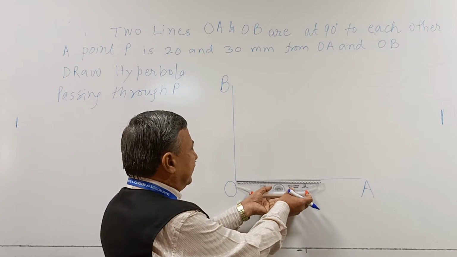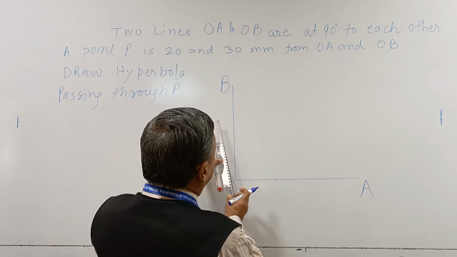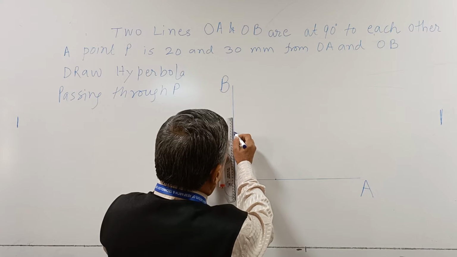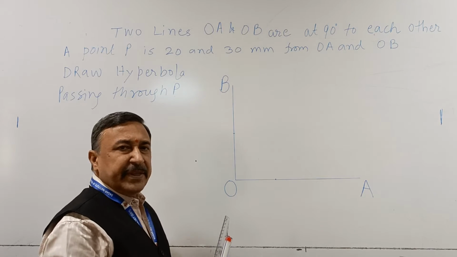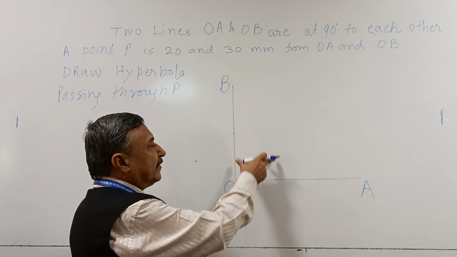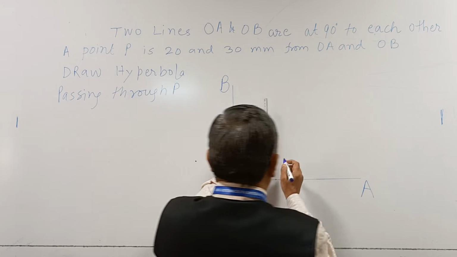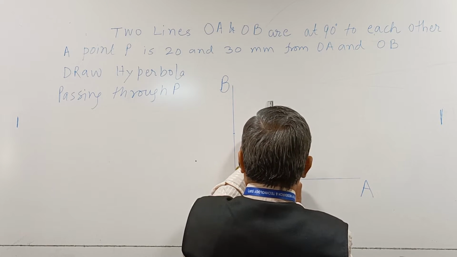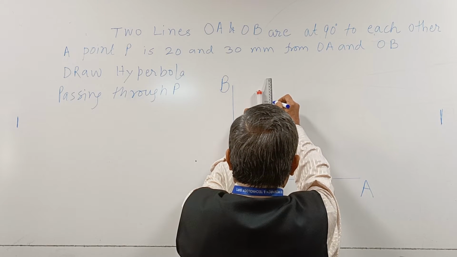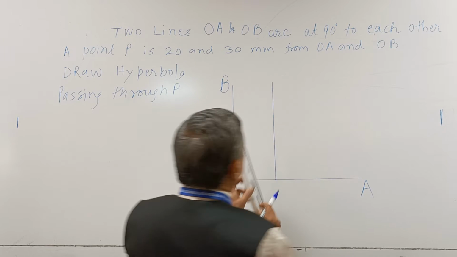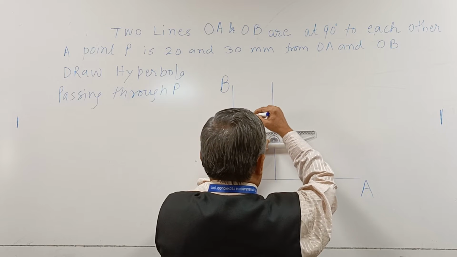Suppose this is 20 and this is 30. Now draw two parallel lines, one parallel to OB and the other parallel to OA.